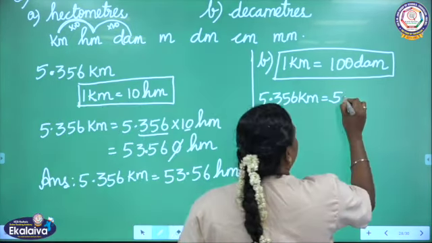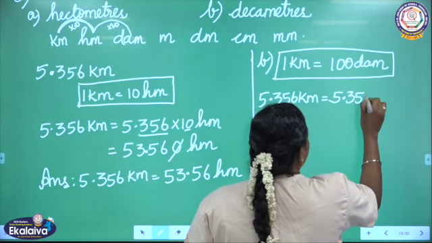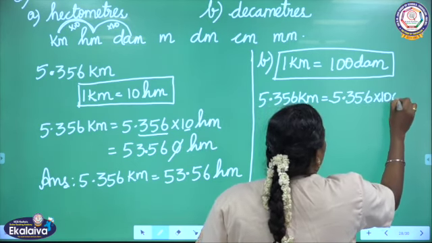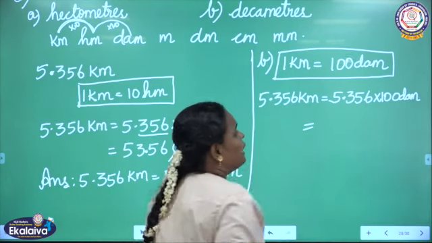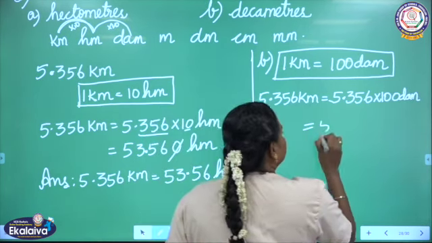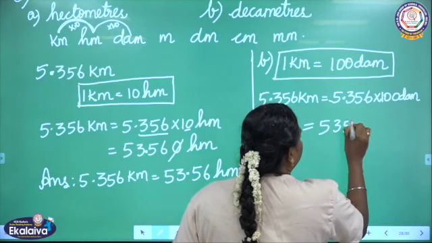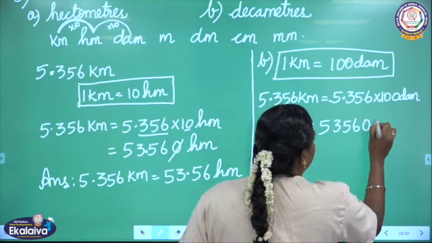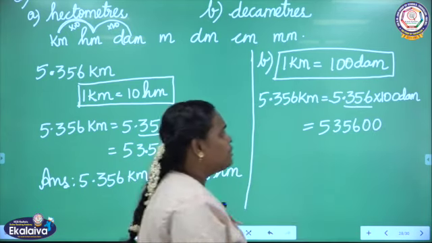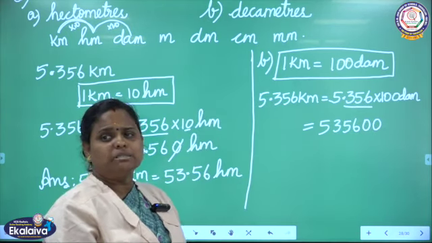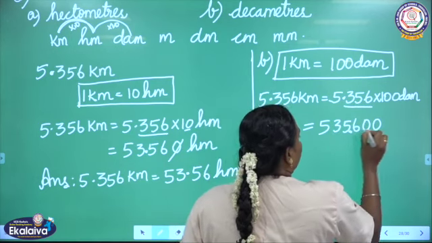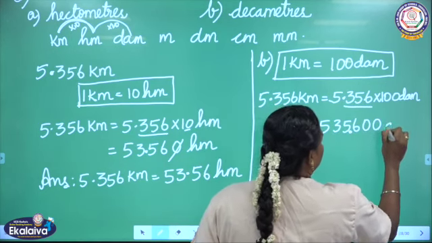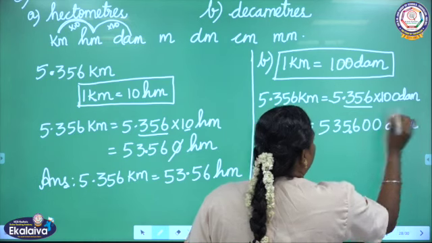So you multiply 5.356 into 100 decameter. Write 5356, then include 2 zeros. Then how many decimal places, children? 3 decimal places, 1, 2, 3. You put the decimal point after 3 digits.